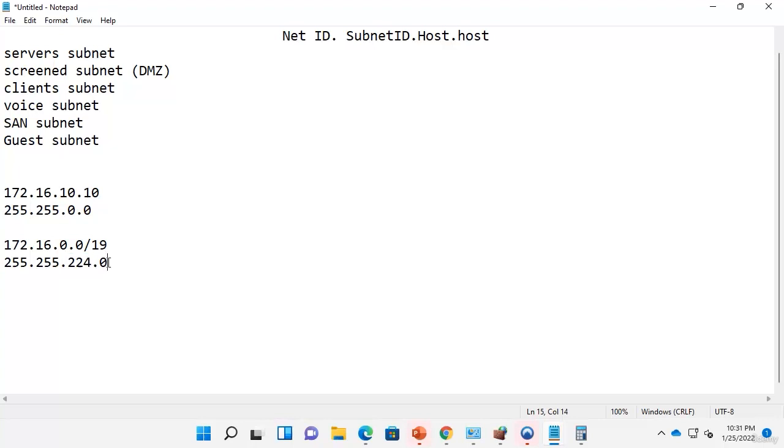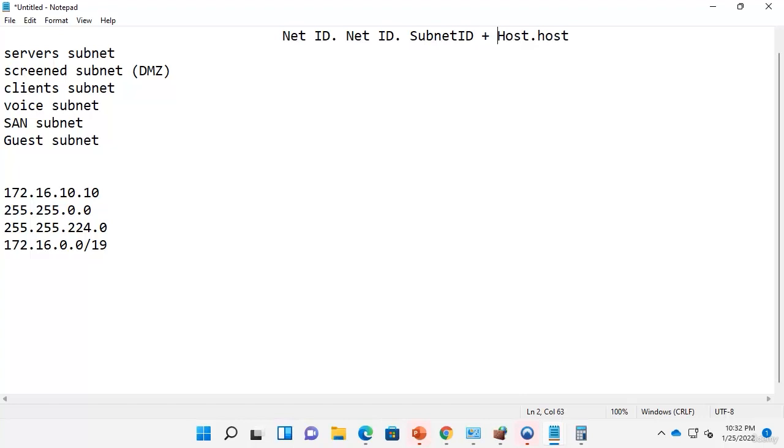Because we've established that extending the mask from 255.255.0.0 to 255.255.224.0 or /19 is going to give me those 3 extra bits for this subnet ID, right? Only in this case, it's going to be net ID, subnet ID, plus host, dot host.